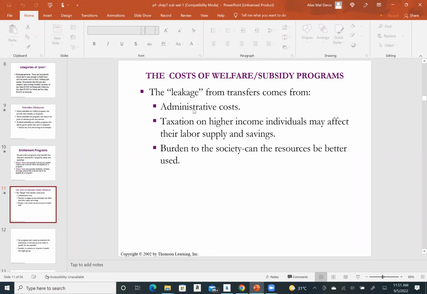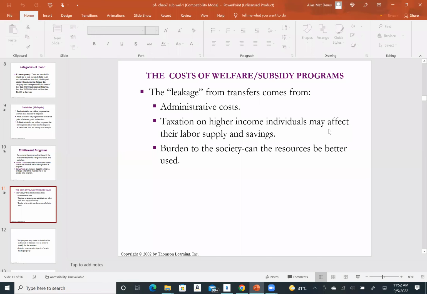You appoint a director, and the cost is already 6 million. So you have left 4 million that will go to the households all over Malaysia, not just one state. It's all over the country, right? So that is administrative cost. Okay, and what is next?